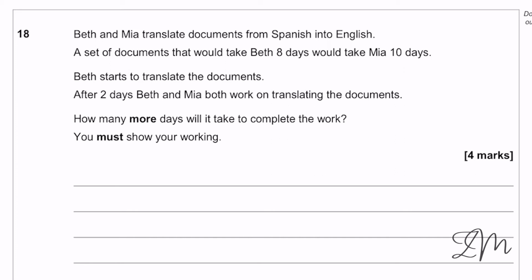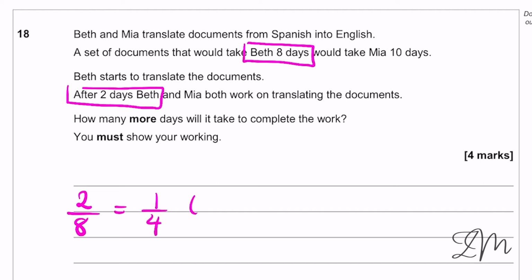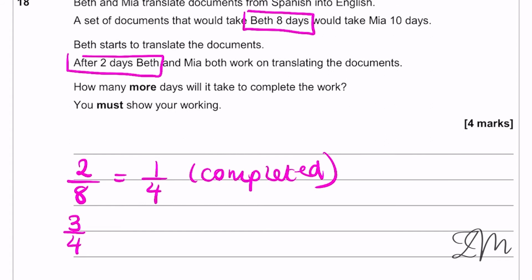Okay, so if Beth starts and Beth works for 2 days, so if it would normally take Beth 8 days, that means she's done 2 out of the 8 days, so 1/4 is completed to start with. So that means they've got 3/4 left to do in the remaining days.